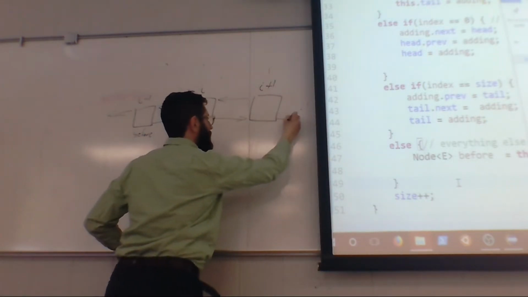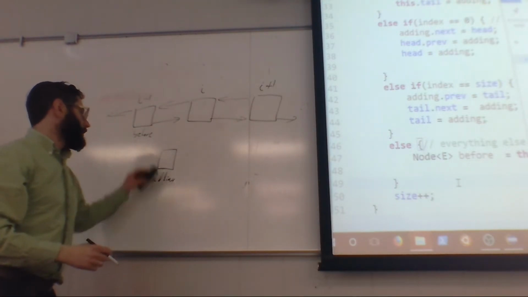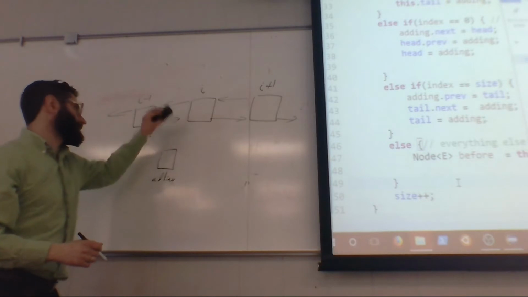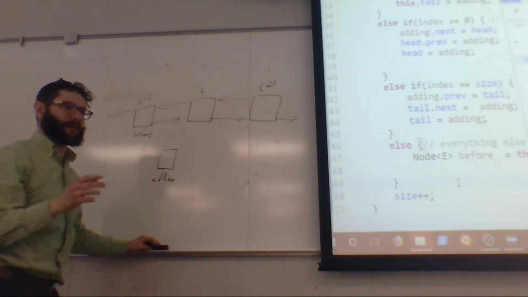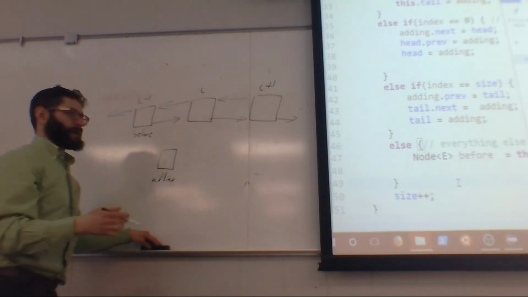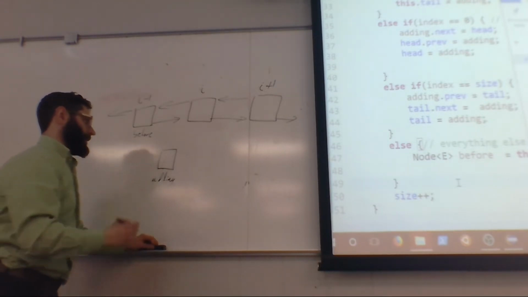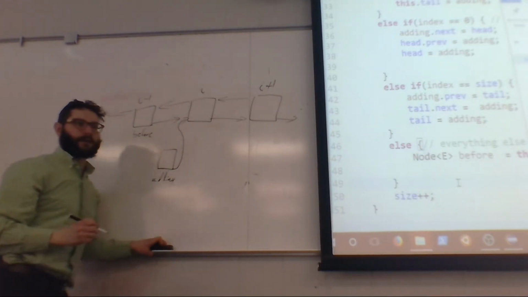Okay, so again, the same rules apply. I want to attach adding before I update the rest of these things, which means it's going to get slightly messy for a bit, because it's non-planar, meaning I can't draw this without lines crossing over. So the first thing I would normally do is say that adding.next attaches right over here.